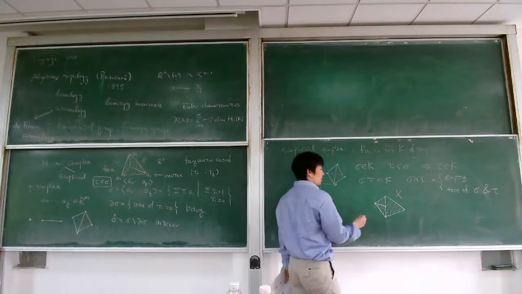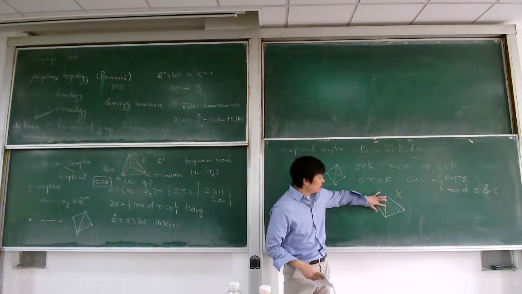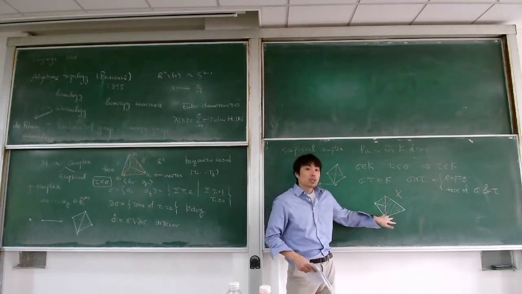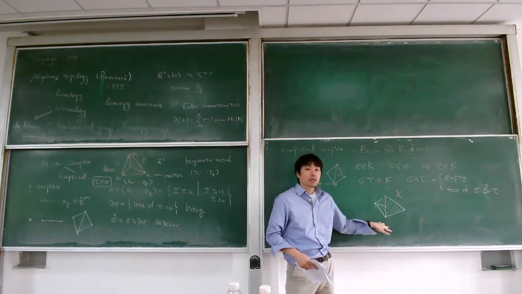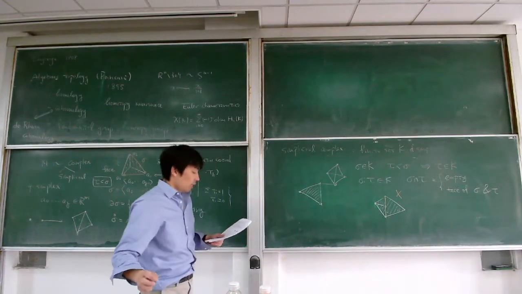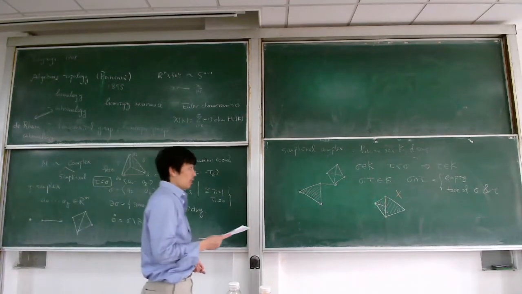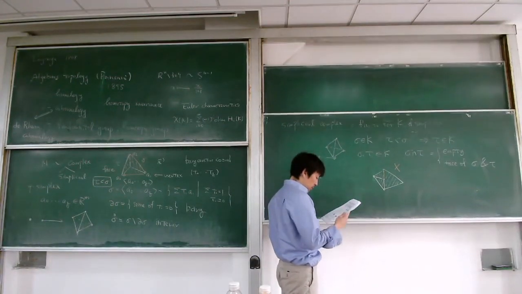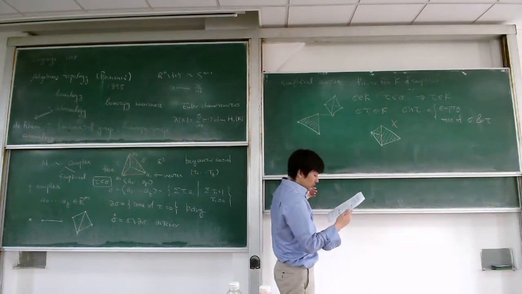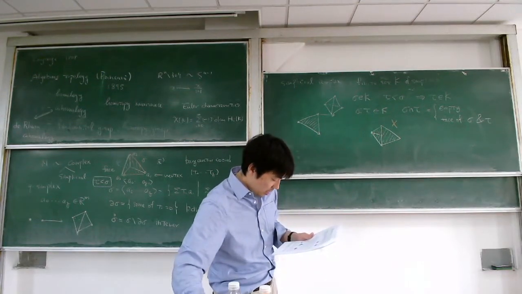If you look at here, this is not a face of this 2-simplex. Do you understand? It's not a face of the 2-simplex. Therefore, this is not a simplicial complex. Once you have some definition, just consider some examples and counterexamples.